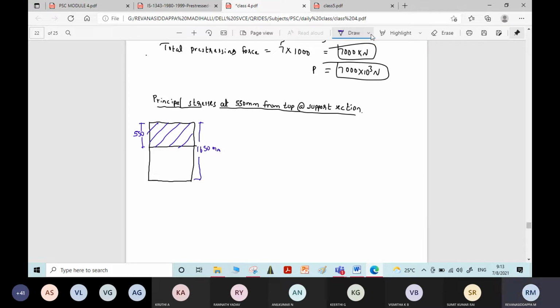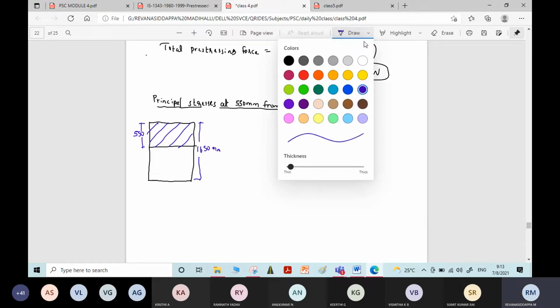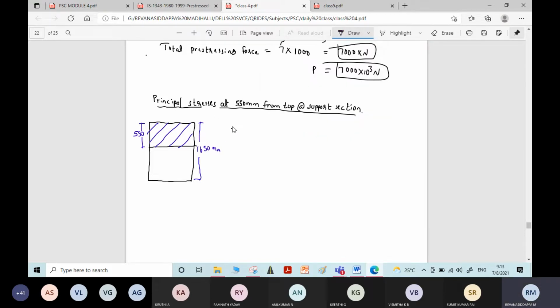Now write the formula of principal stresses.